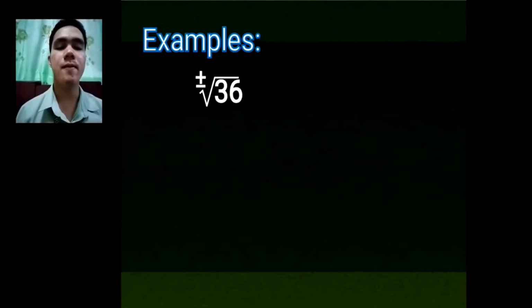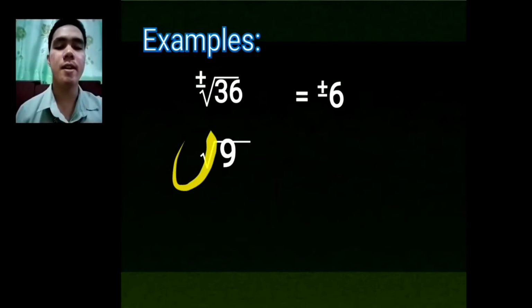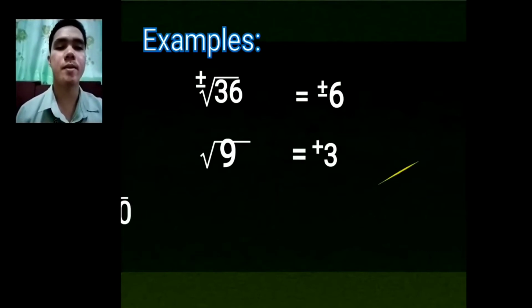Another, positive or negative square root of 36. The square root of 36 is 6, so positive or negative 6. Next, square root of 9. We don't have a sign here, therefore our answer is positive 3, the principal root.